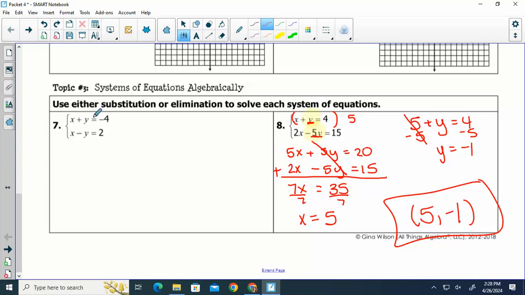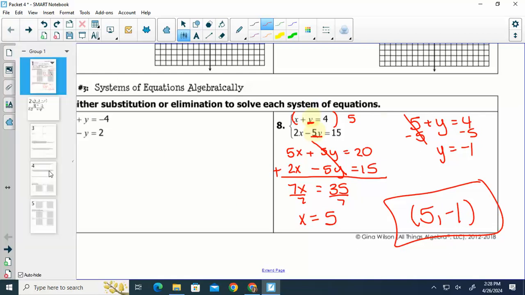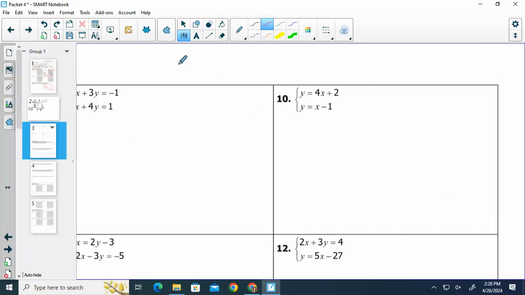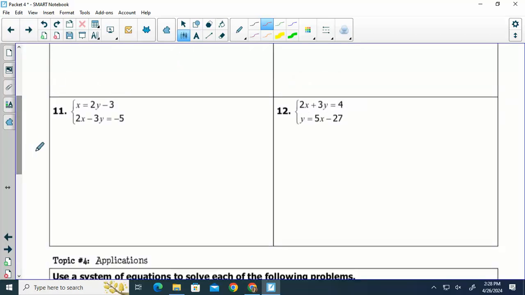Let's try another one of those. Let's go to number 12. All right. This one's set up a little bit differently.